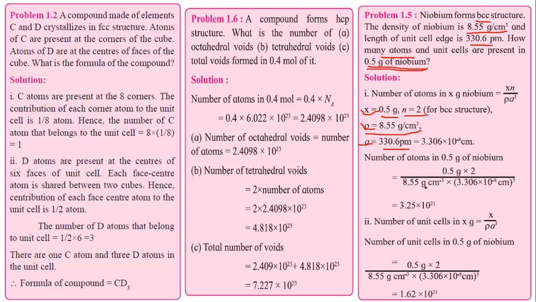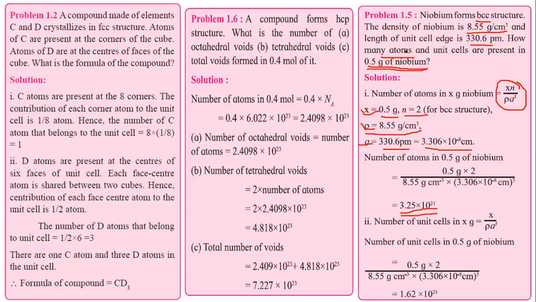Then the density is 8.55 grams per cm cube, and the edge length cubed, picometer converted into centimeter, is 3.306 into 10 raised to minus 8 centimeter cube. By solving these steps we will get the number of atoms in 0.5 grams of niobium.